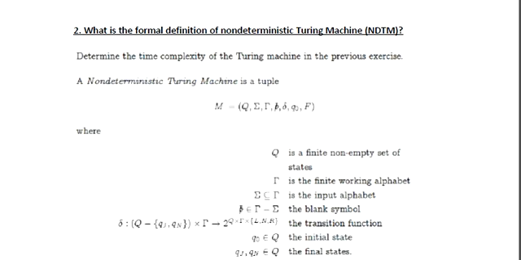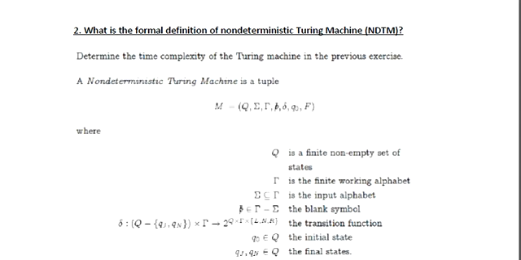It maps to the power set of Q times gamma times the movement of the read-write head: right, left, and no movement. So this is actually a set of states where we can move in a non-deterministic Turing machine.